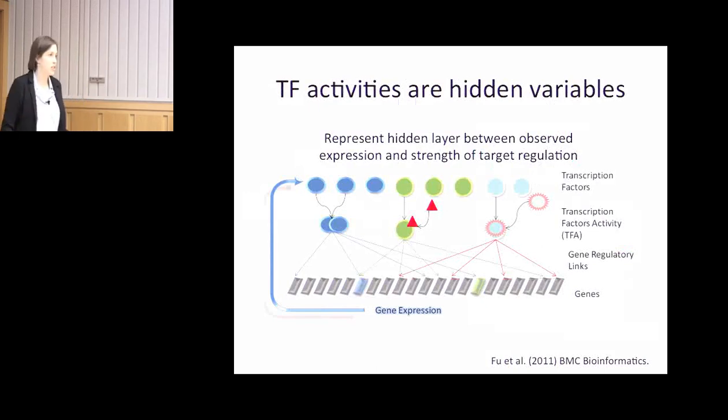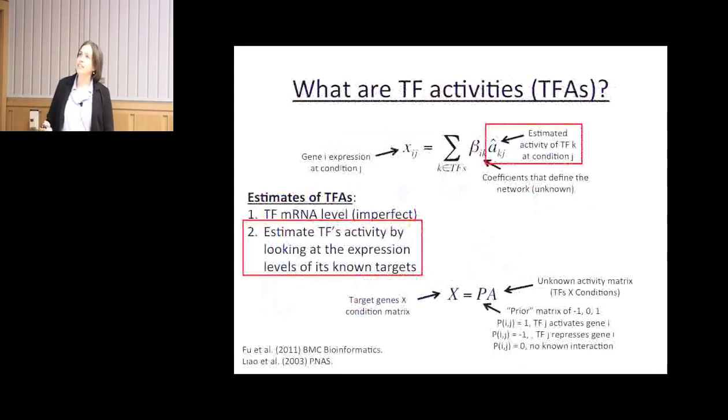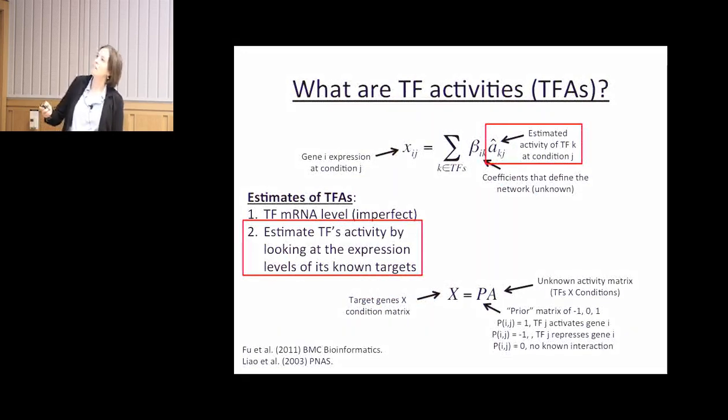And so other groups have suggested that you can estimate a transcription factor's activity by looking at the expression of its target genes. And so here we have another equation where you have a matrix of the target genes, and then you incorporate information from a prior.